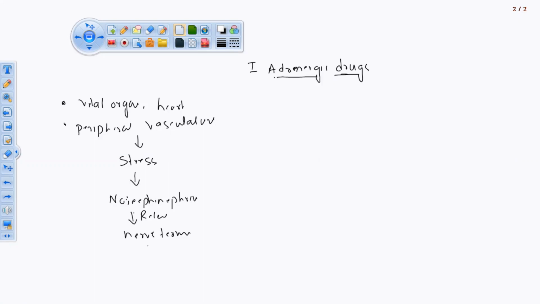Released from the nerve terminal, so what will norepinephrine do? It will activate the adrenoreceptor. The adrenoreceptor is silent, for example when the person is sleeping.